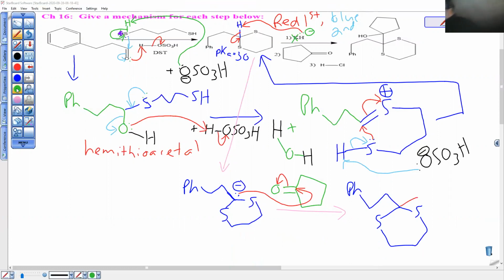Carbon that got attacked is an O-. Carbon is also part of a cyclopentane ring. And that looks a lot like this. All that we need to do to get up there is to put a proton on the alcohol. How is that accomplished? That is step 3, using hydrochloric acid.